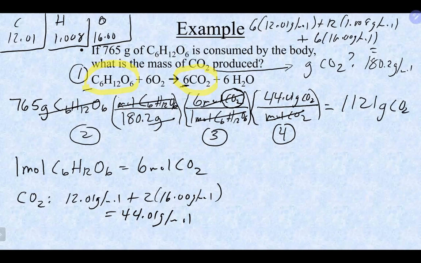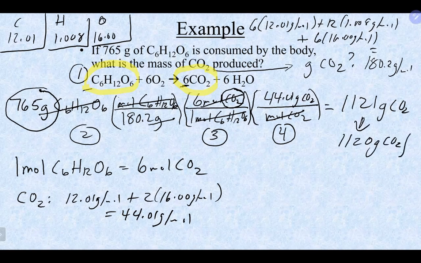In terms of significant figures, really should be looking at this number, which has 3, which means maybe we should take this to 1120 grams of CO2. This, once again, because CO2 is a product, would be our theoretical yield.